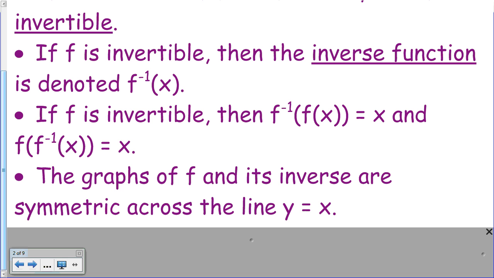In other words, a quick way to sketch the graph of an inverse is to sketch the graph of f, sketch the line y equals x, and then just reflect function f across the line y equals x. It may end up being a function, it may not be a function when you get done sketching that reflection. But whatever you sketch there, that in fact is the inverse. All right, so those are the properties and definitions of the inverse of a function.